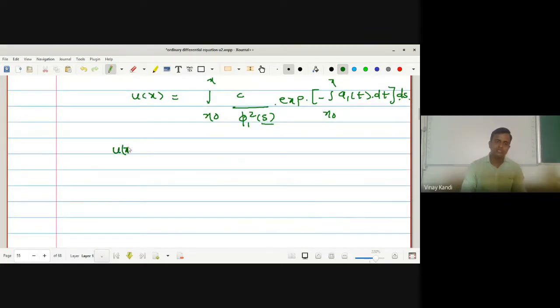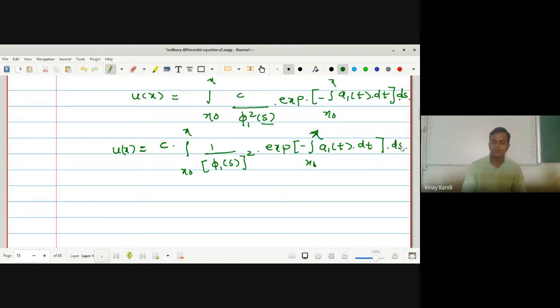U of x is equal to, take c common, c into integration x naught to x 1 upon phi 1 of s bracket square, which is nothing but this one, exponential of minus x naught to x a1 of t dt into ds.